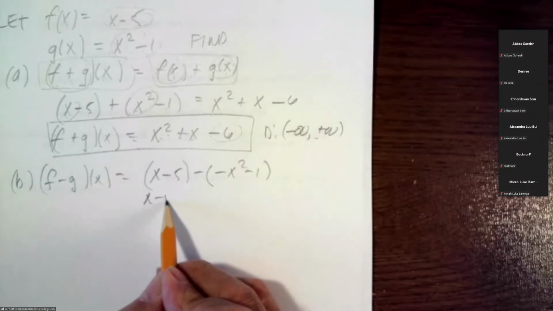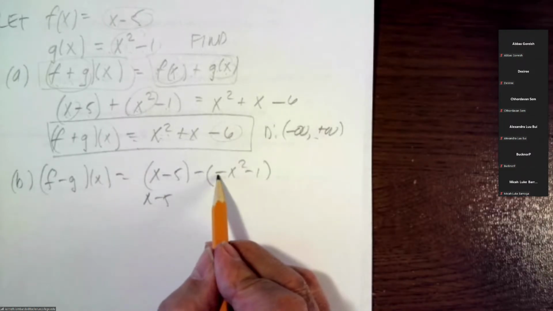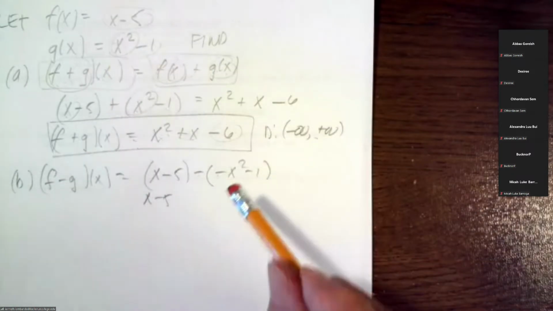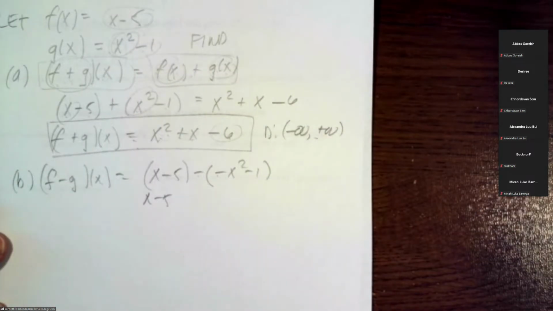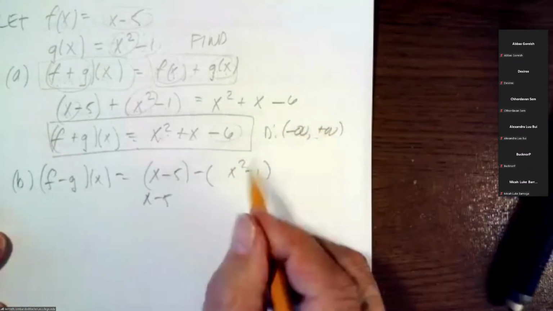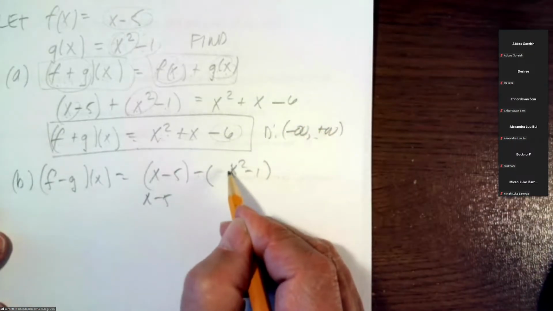So that's x minus 5. Negative times a negative is a positive. Well, this isn't negative x squared, is it? G is just x squared. So I'm not going to put a negative x squared there. I'm just going to put x squared. Okay, so be careful when you write these out.